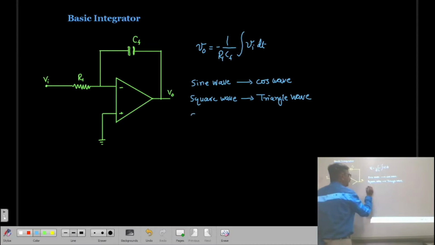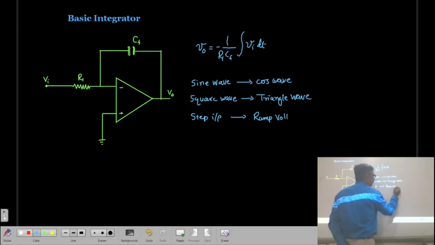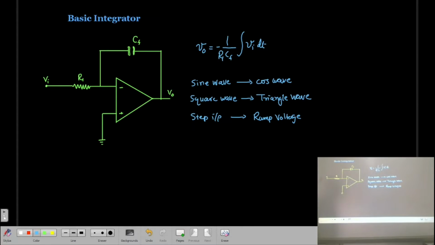If we apply a step input signal, the integrator will give you an output like a ramp voltage. In this way, this integrator changes the waveform of your input signal.